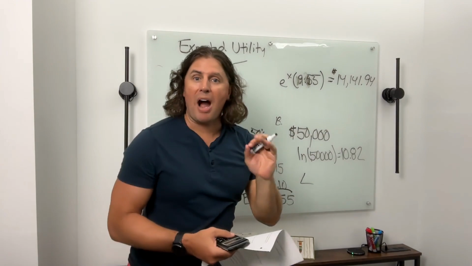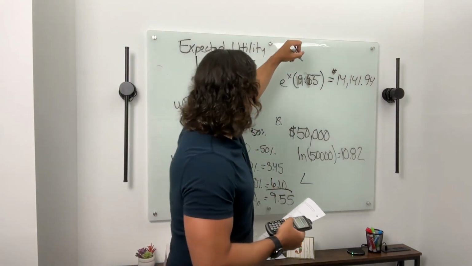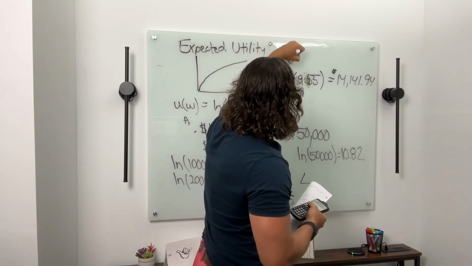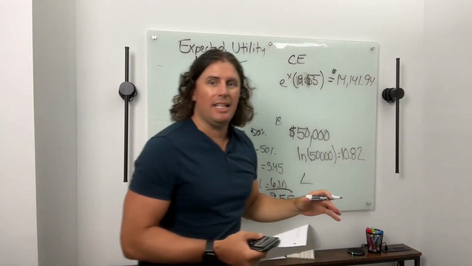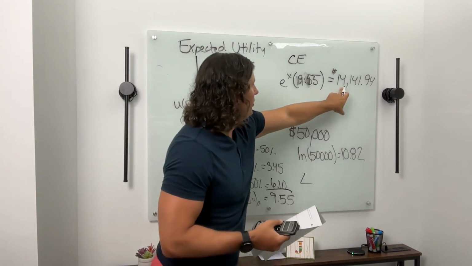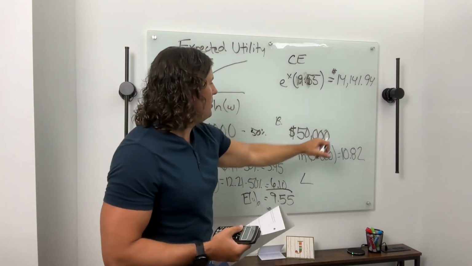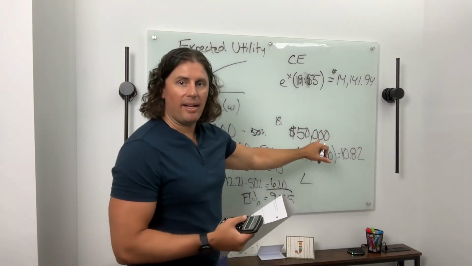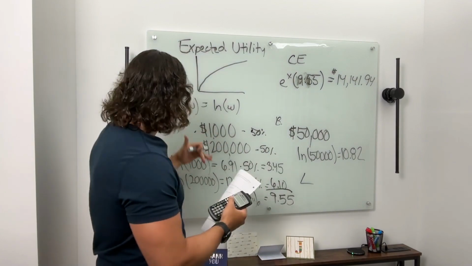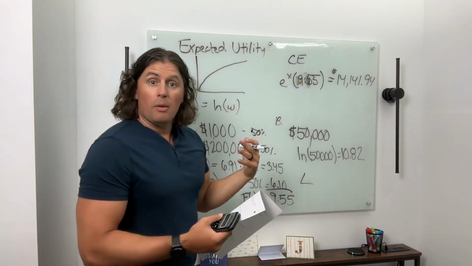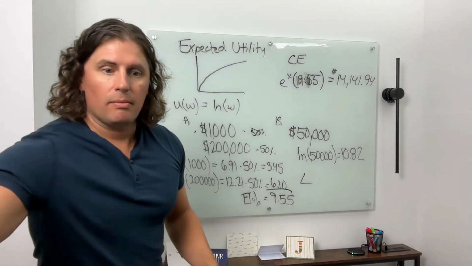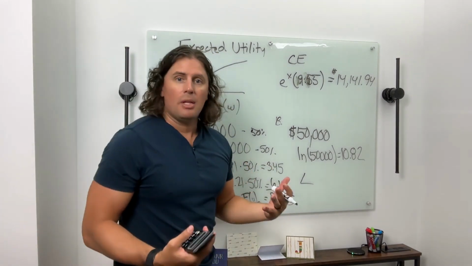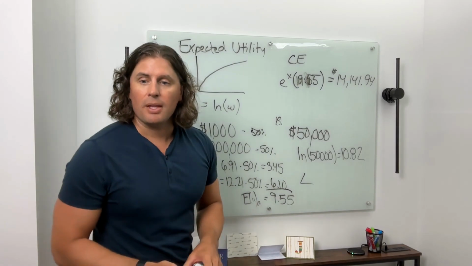Now remember, from our first video, this is what we call certainty equivalent, or CE. And this would be our point of indifference. Anything over this amount, based on our function here, we would take the bank offer. Anything lower, we would play.